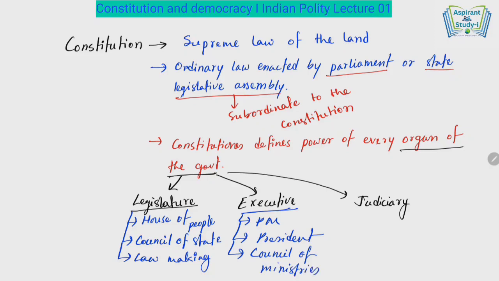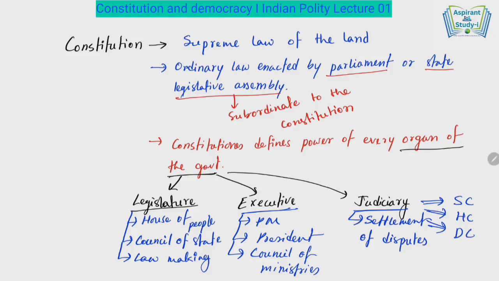Executive means they execute the state or country. Judiciary, settlement of disputes. So the mechanism of judiciary is settlement of disputes. Judiciary means Supreme Court, High Court, or District Court.